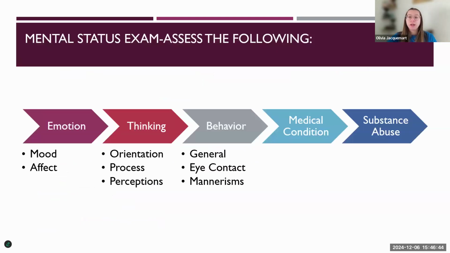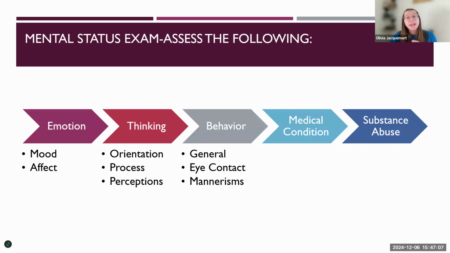And then we need to make sure we are completing a mental status exam within all of our sessions and notating what we have assessed accordingly. These are based upon clinical observation and client report. So first, there's going to be the emotions or mood and affect. So the mood, the patient can describe in their own words or rank on a 1 to 10 scale.